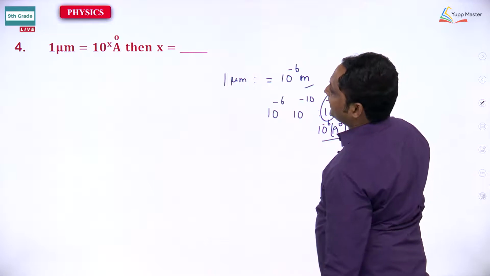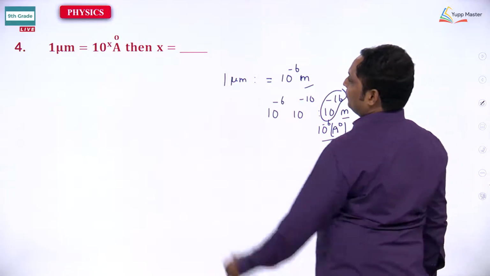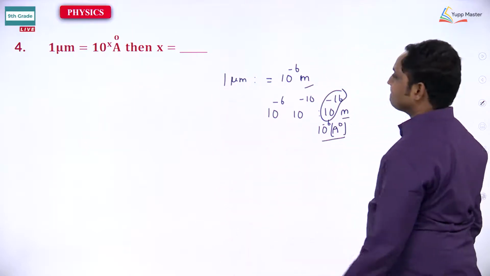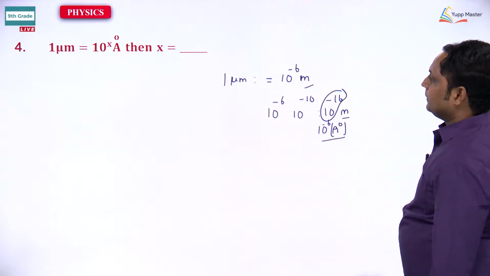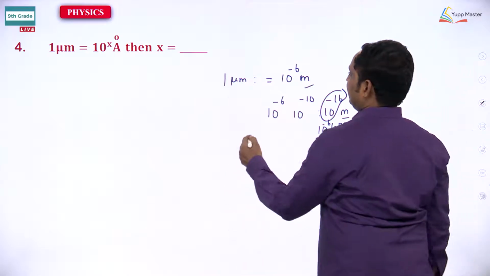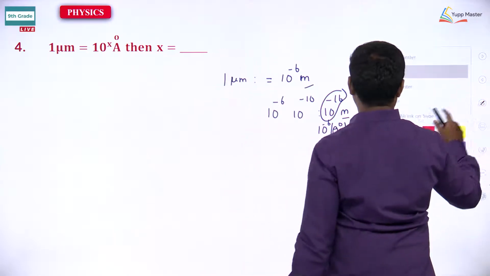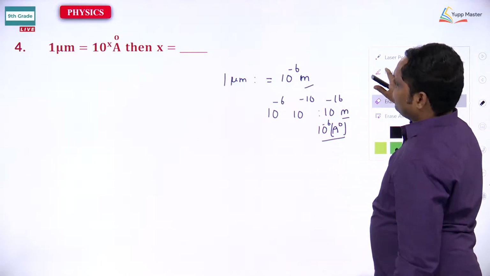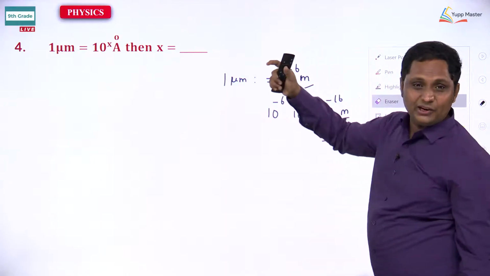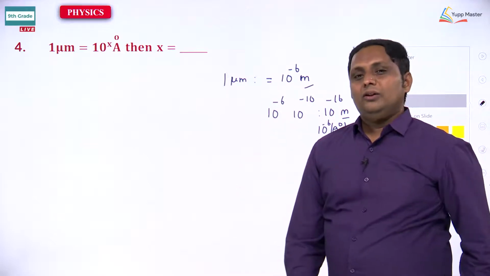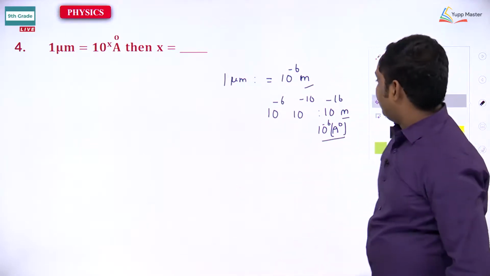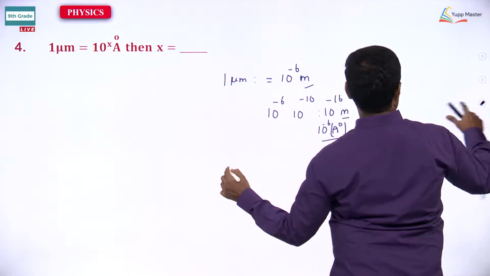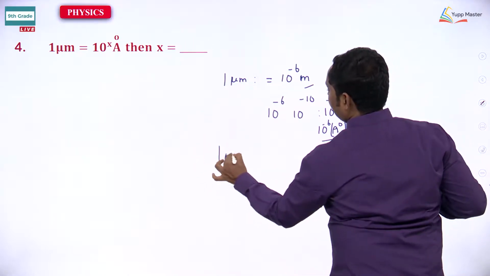So, you need to get the x value. If they have given 1 micrometer, you have to get the final answer.